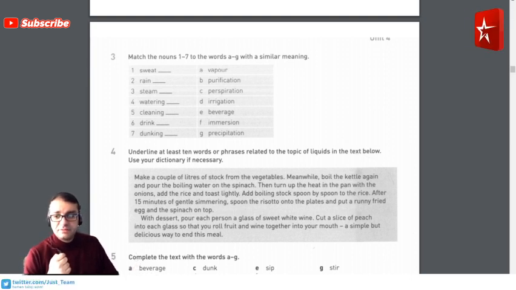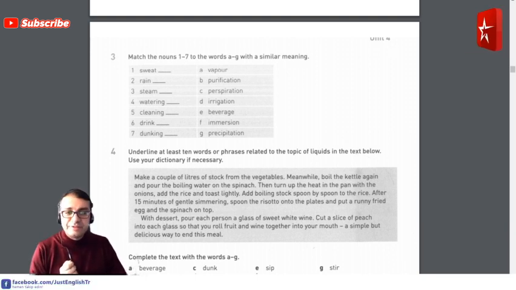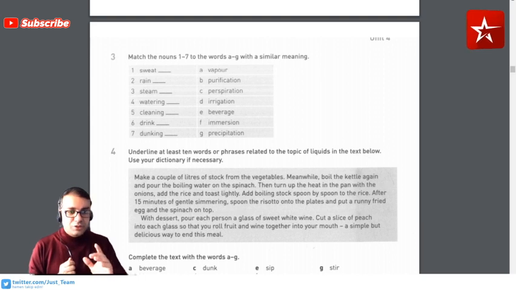Somebody else? Well, Naveen is correct. And Typhoon is correct. The answer is F. 7 is F. Wonderful. That's absolutely correct.